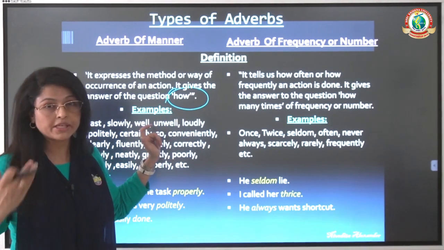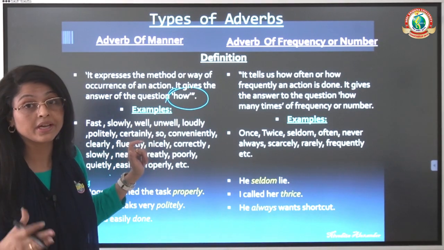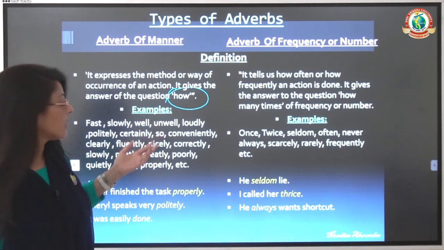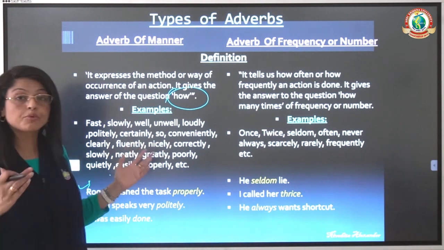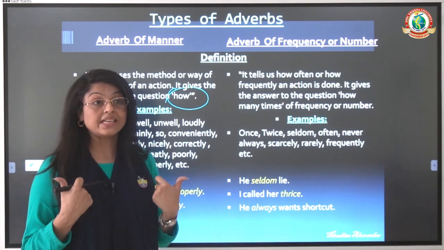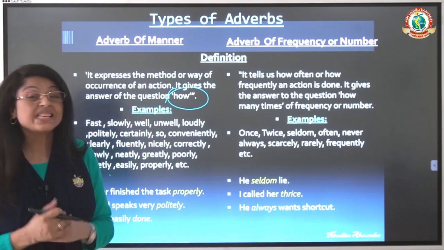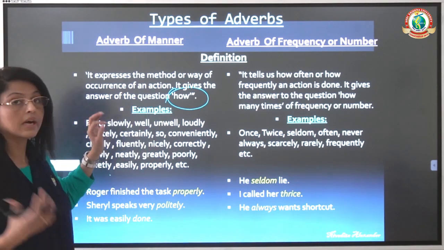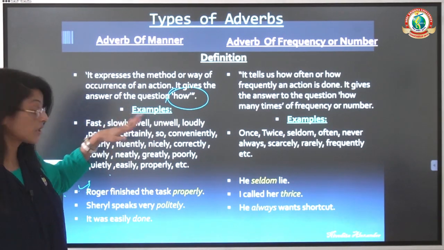Is it done in a better way? Is it not done in a better way? Is it good? Is it bad? Is it fair? Is it excellent? Is it proper? Is it not proper? Quietly, silently, neatly, untidily, tidily. All these are the adverbs of manner, how anything is being done, fast, slowly.